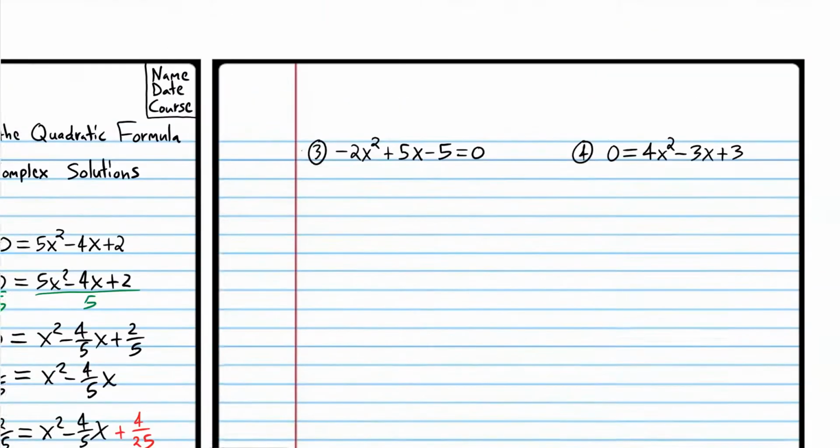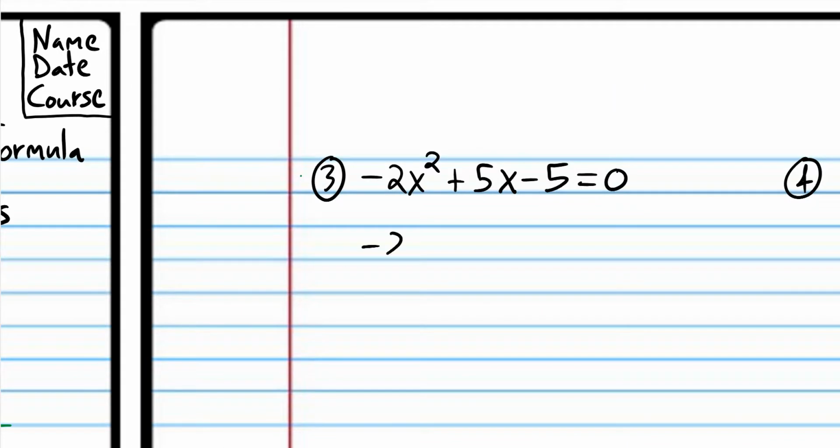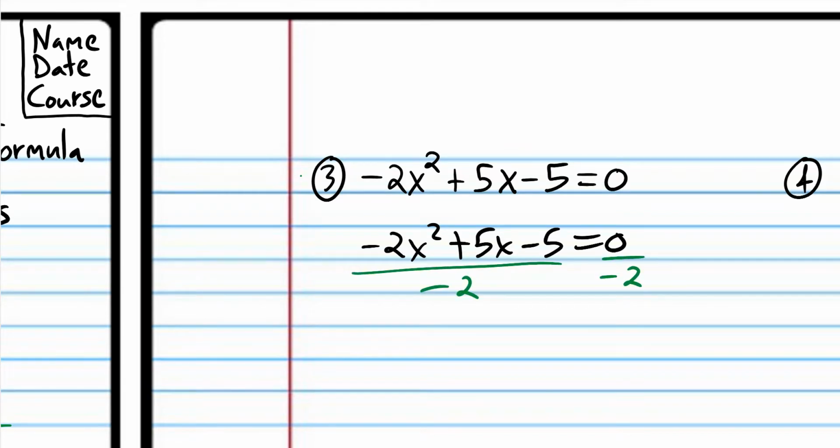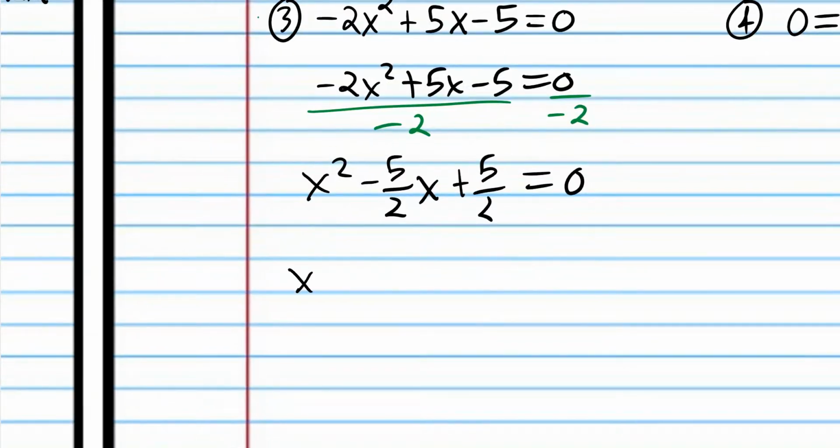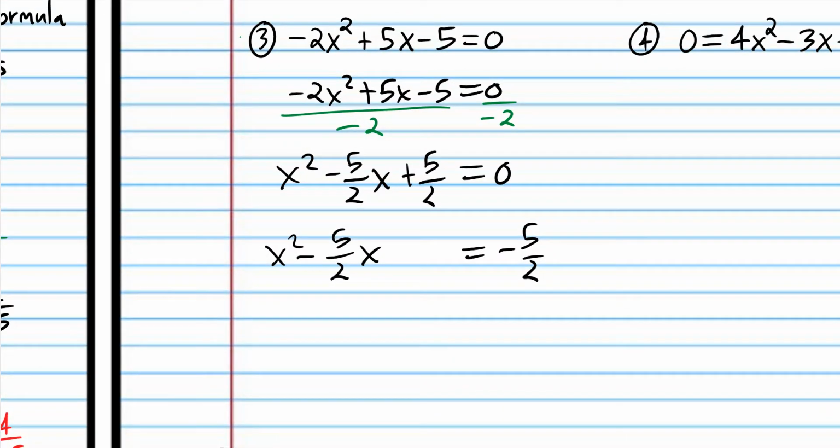All right, we're back. So first step is to get rid of the coefficient of x squared. And we're going to complete the square.